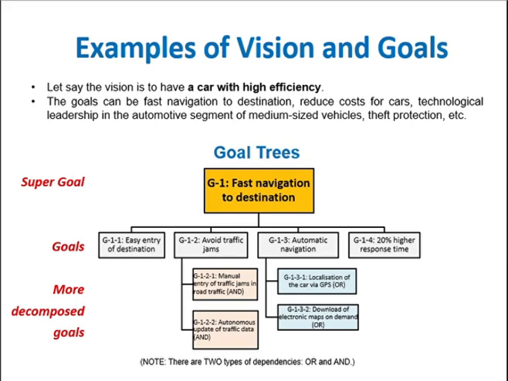So the goal that you can apply inside the app, for example, is that this is going to be a navigator for the car. Because they want to create a car with high efficiency, if you are the one producing the navigation system, then you need to consider all the goals inside your navigation system.